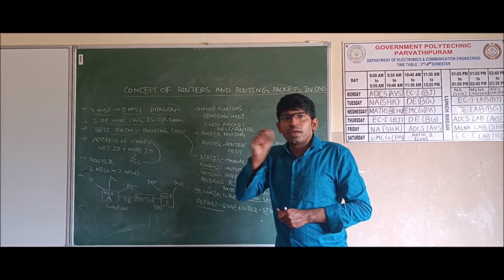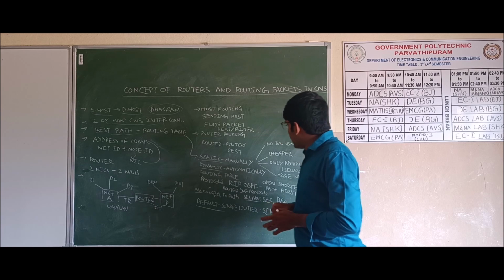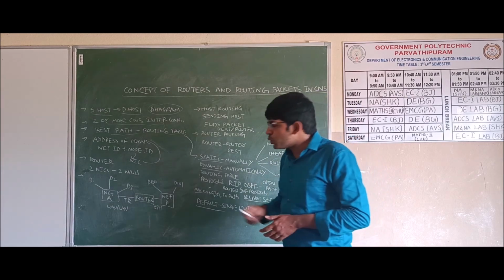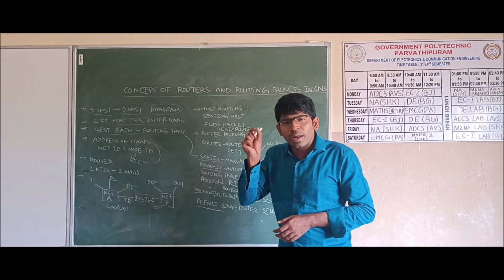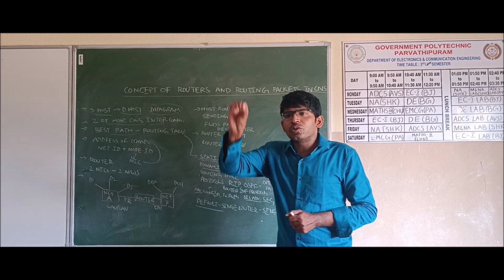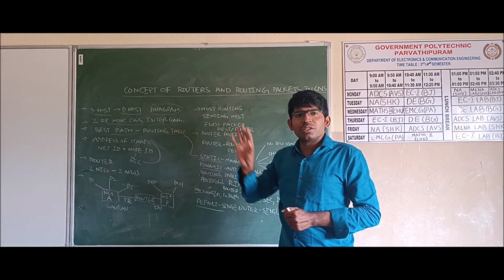I will update the table: this is the path, this is the path, this is the path. Definitely there must be an admin to update this table, because manually I have to add the addresses. This packet should go to this destination, this packet should go to this destination.